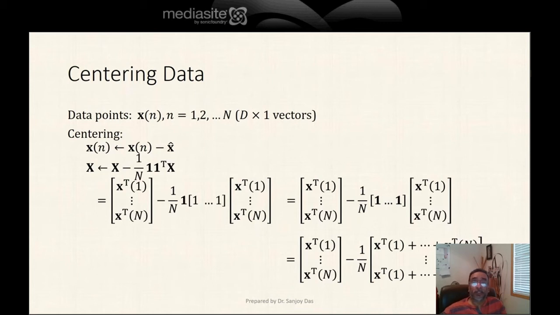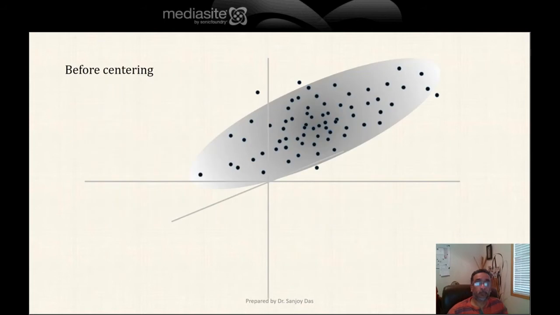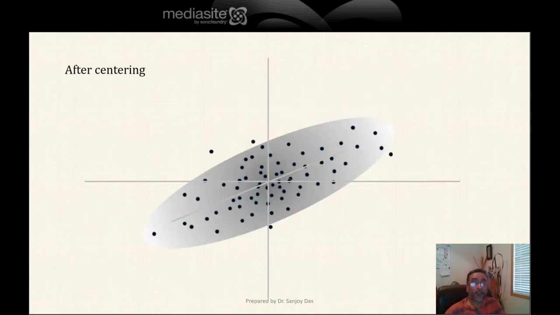And so this is the summation of all the samples. 1 over n of that gives you x hat, which is the mean, and that's being subtracted from each x transpose here. So before the centering, this is what the scatter plot looked like. And after we centered the data, this is what it looks like.